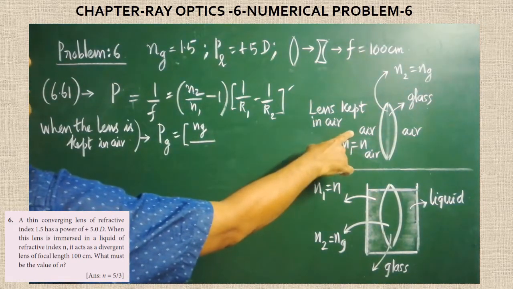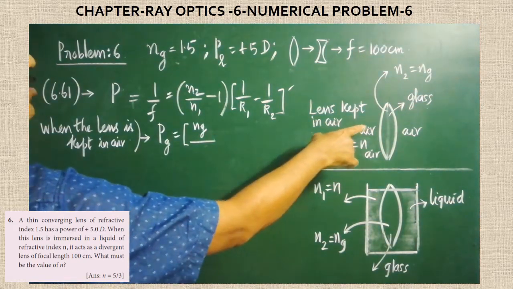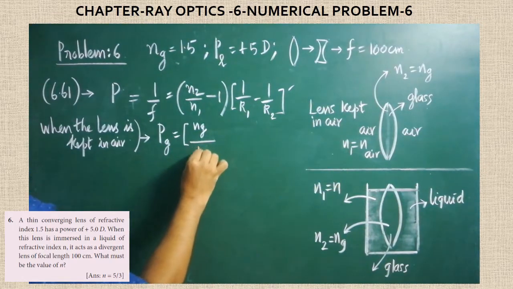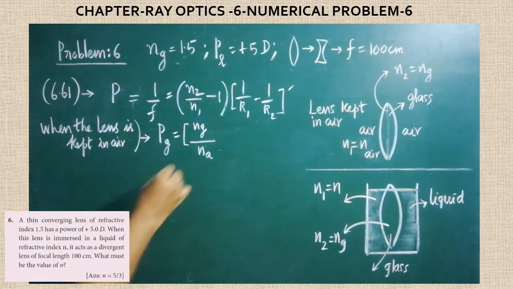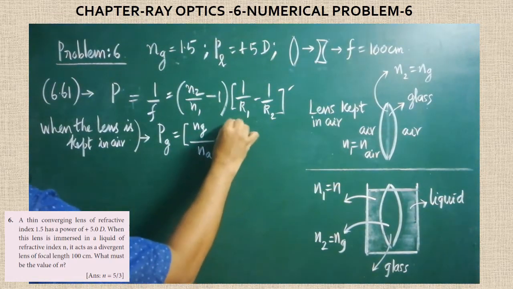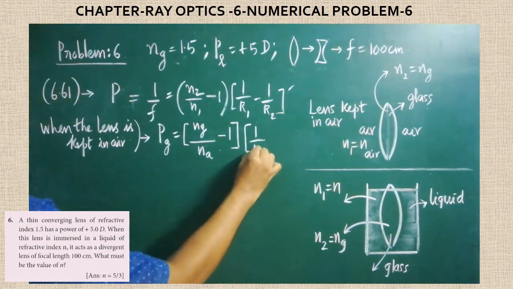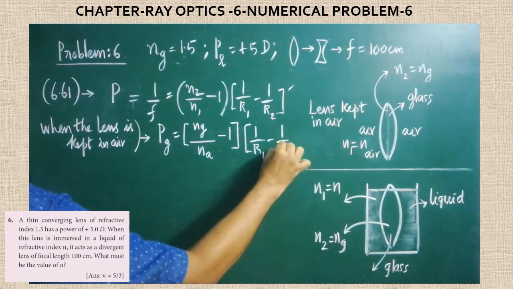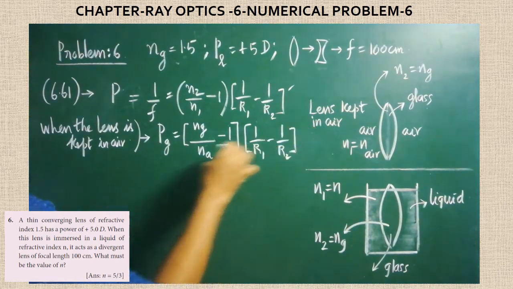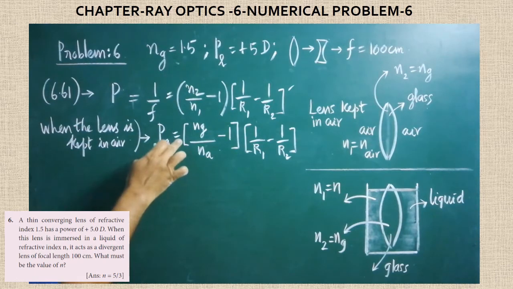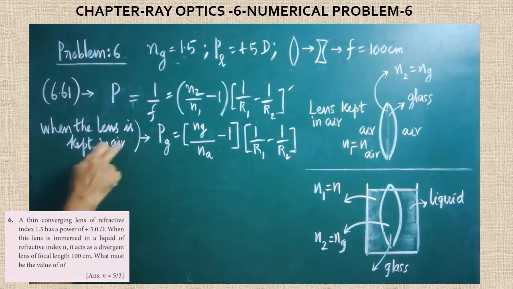Here the ray enters from the first medium, air, to glass. Therefore, n1 can be written as Na, and then minus 1. After that, the radii of curvature of these two surfaces can be written as 1 by R1 minus 1 by R2. So this is the equation that should be written when the lens is kept in air.